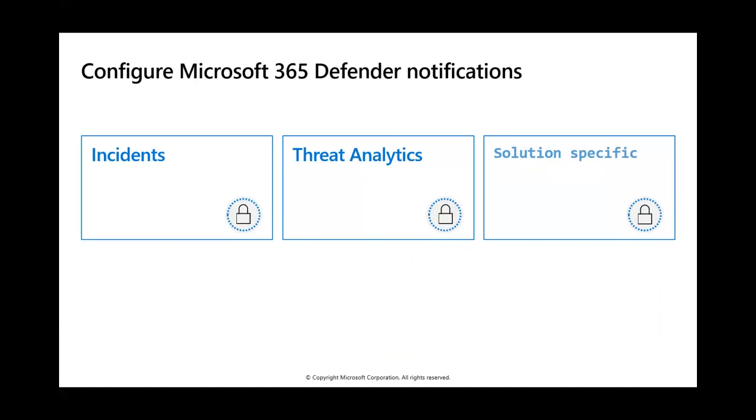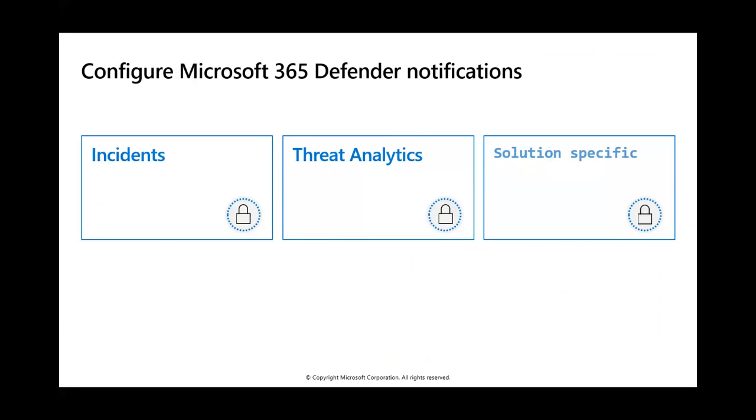Next, we select Incidents to add a new notification and select Add incident email notification. We enter a name and a description, and then click Next. We can select the device and alert criteria, then Next, then enter the recipient's email address, then Next, and then select Create rule.